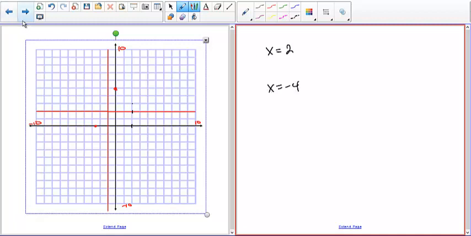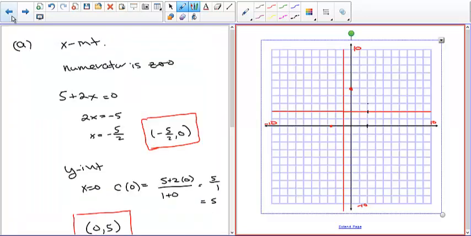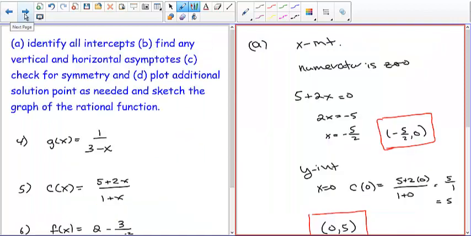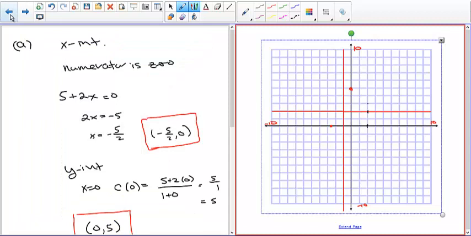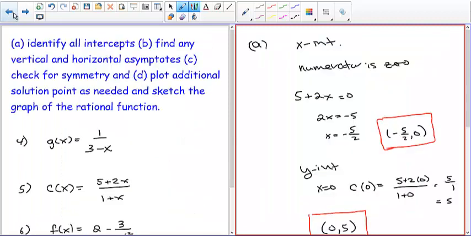So we have to remember what the function is, and it is 5 plus 2x over 1 plus x. What do we call this thing?